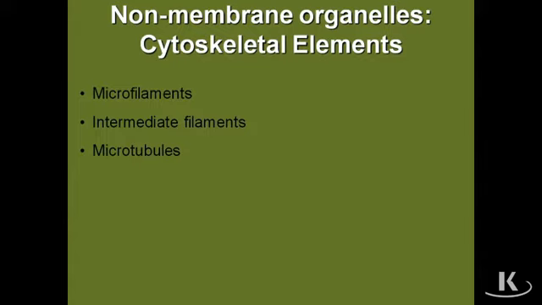Intermediate in size, hence the name intermediate filaments, are tissue-specific filaments that consist of a number of different proteins that provide structural integrity to cells in a wide variety of organs. Lastly, the largest of these cytoskeletal elements will be the microtubules, and we'll see a variety of locations in which we find them. First, let's start with microfilaments.